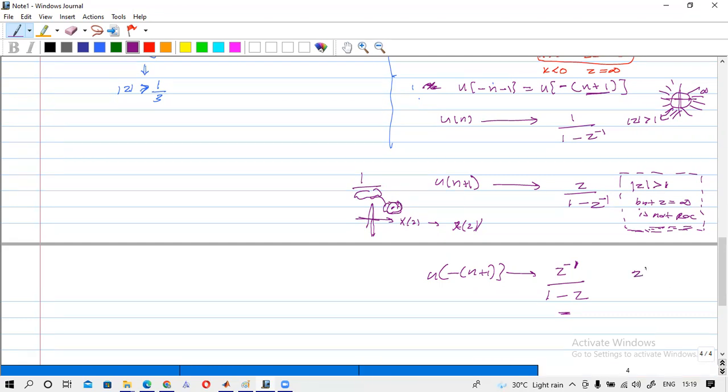Now |z| is greater than 1, but it will be greater than 1 by 1, which is again 1, so |z| is greater than 1. Infinity is not there, but if I take the reciprocal, 1 by infinity, now 0 should not be there. z equal to 0 is not there.